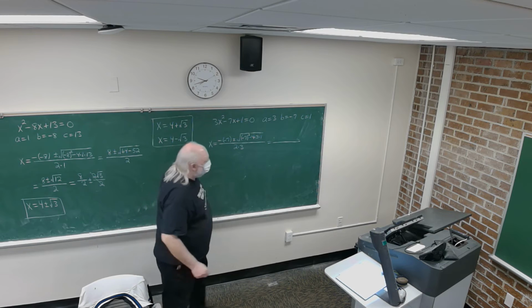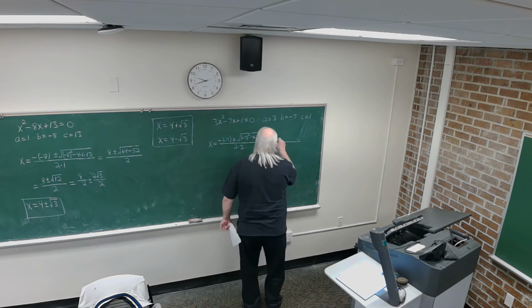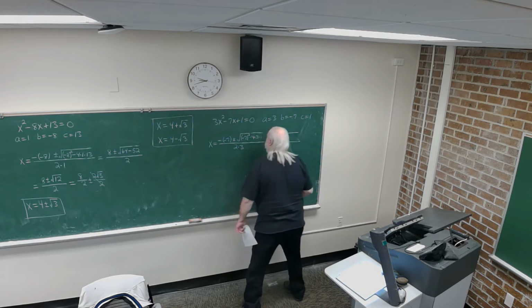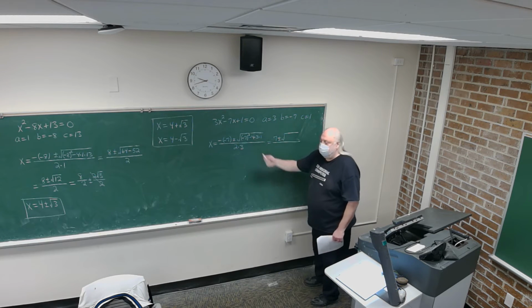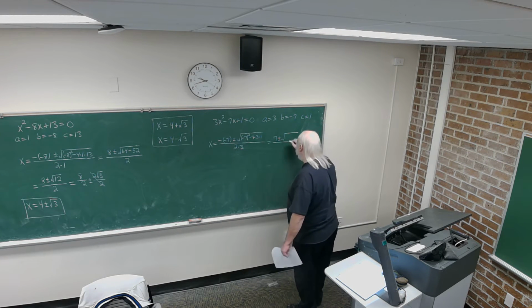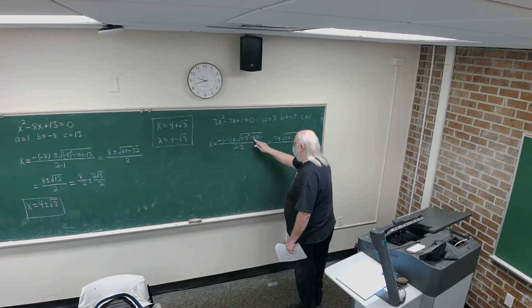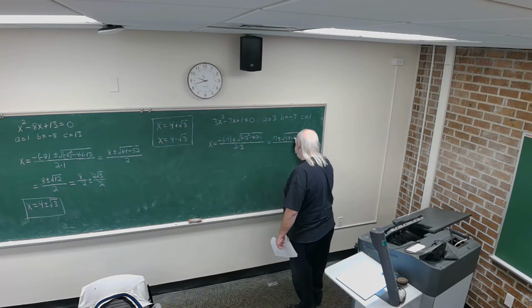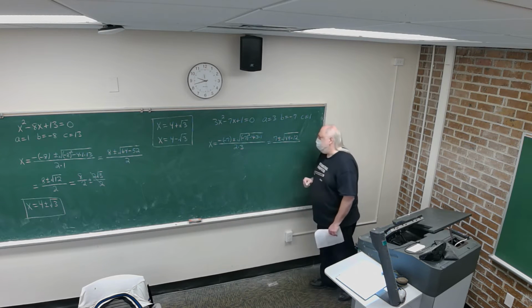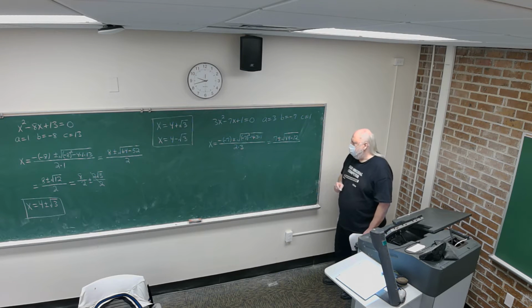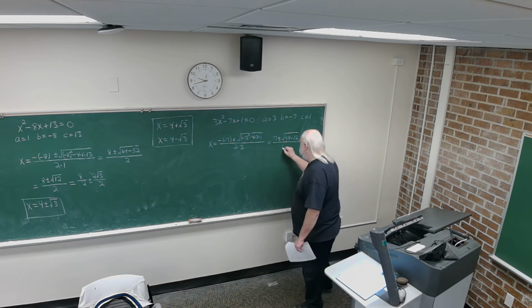Negative negative 7 is plus 7. Under the radical, minus 7 squared is 49. And then you do the multiplication, 4 times 3 times 1 is 12. So we have 49 minus 12. The denominator, 2 times 3 is 6.